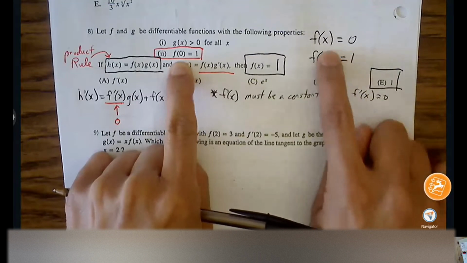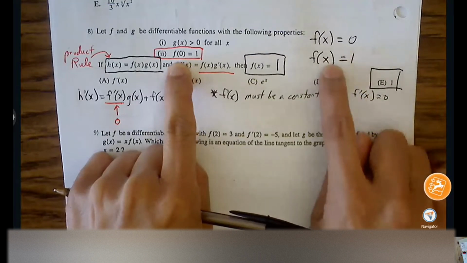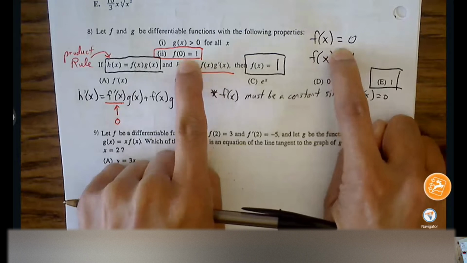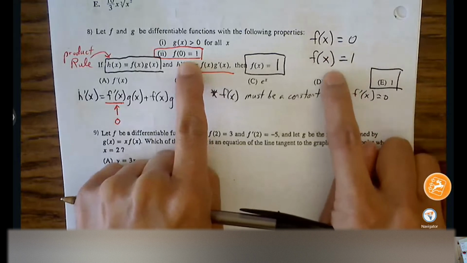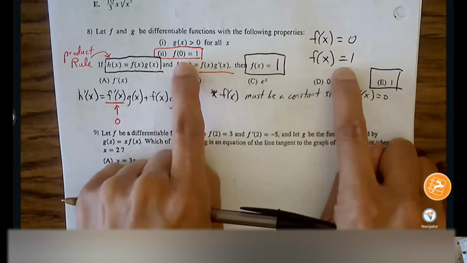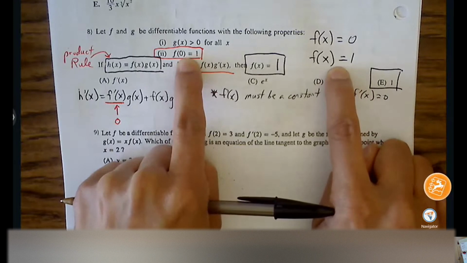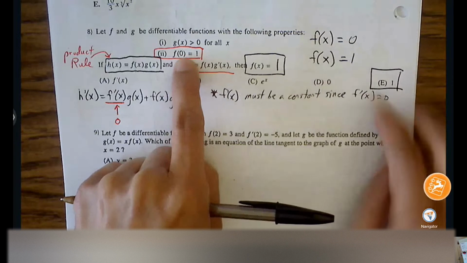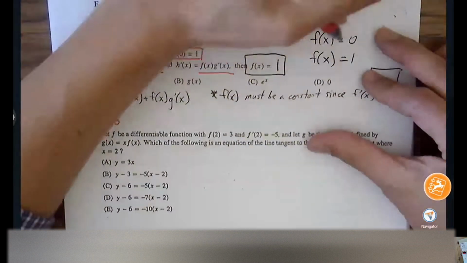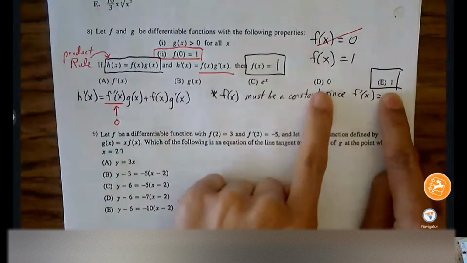There's no chance that I can put 0 in for x and get 1. We know that these are not in agreement. So if f of x is equal to 1, then f of 0 is equal to 1. This is a very specific case that is true for this function. This is the property that allows us to narrow down between our two constants.